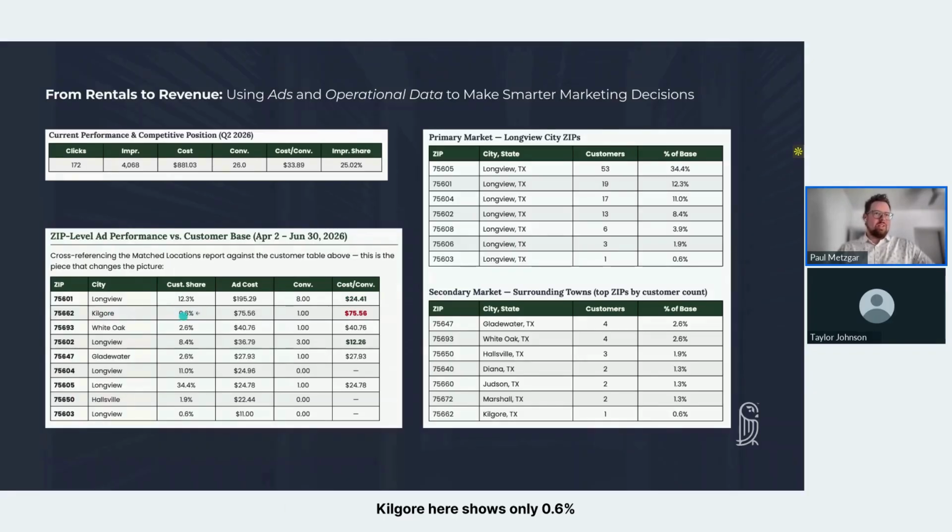Kilgore here shows only 0.6% of the customer base. Over on this table, we see there's only one customer there. And unfortunately, we spent $75 on ads in this period. And we got one conversion from it. So that cost was $75.